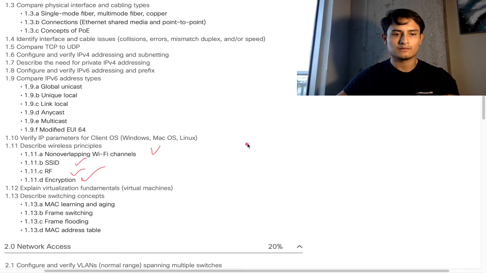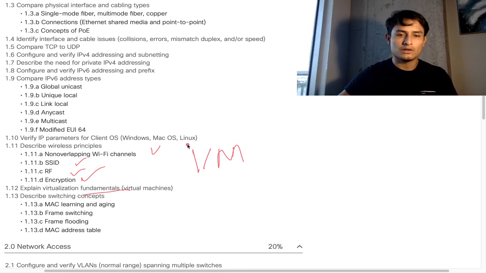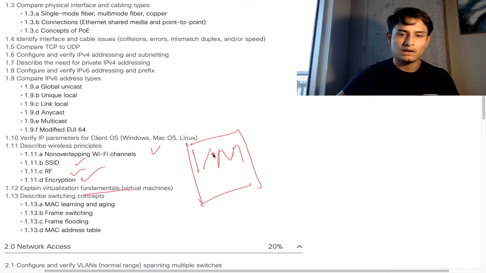Explain virtualization fundamentals. What is a virtual machine, guys? Again, it's just very fundamental. You don't need to know everything about it. You just need to know what it is, and not how you would install it, but that it's going to be on a server, like VMware.